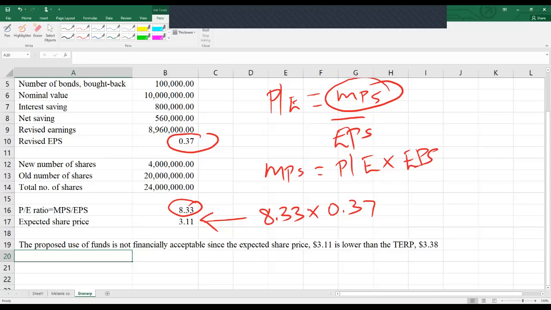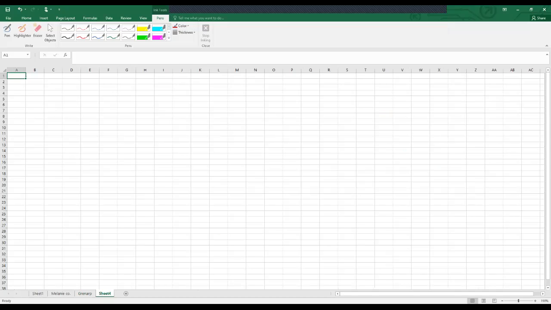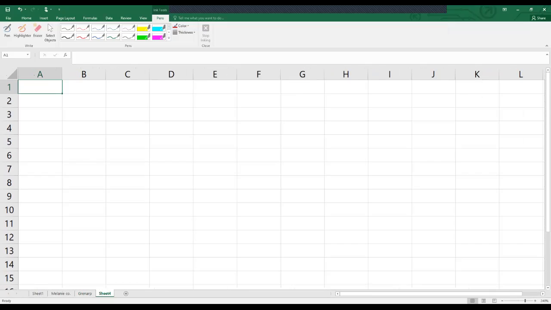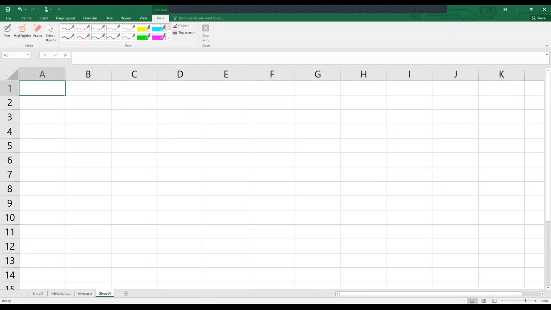Okay, next we're going to do cost of capital. Don't forget the steps that you follow on cost of capital. First, determine where the capital is coming from, so get what we call the capital sources. Next, we need to get the market value of those capital sources.